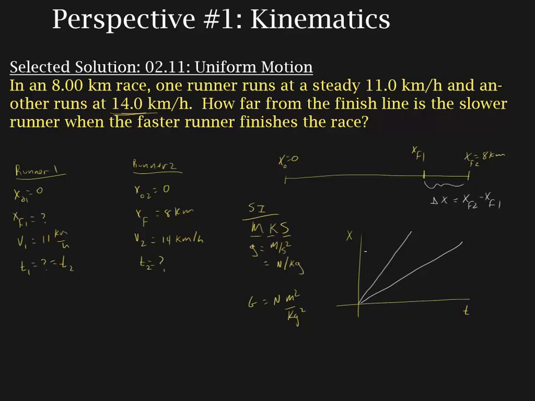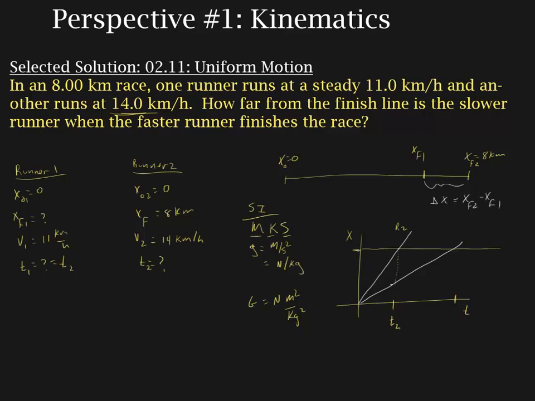And if we say that 8 kilometers is right here along that line, then the fast runner, this is runner 2, obviously reaches it first, and then the slow runner reaches it second. And what we're looking for in this problem, which of course is not drawn to scale, is basically what's the distance between these two lines at this time right here, at this time t2. We want to know what is that distance between those two lines.